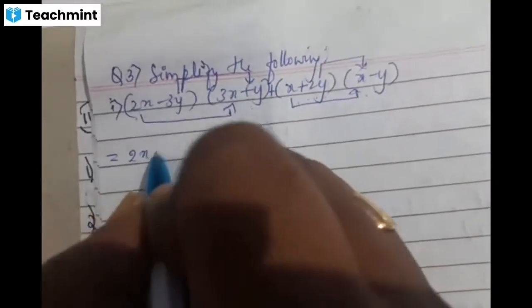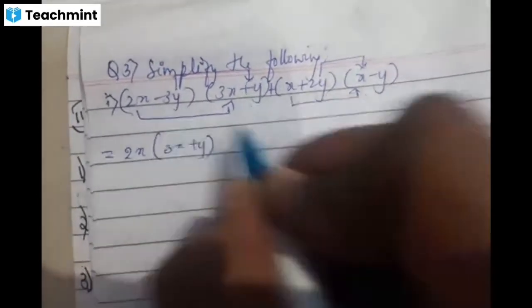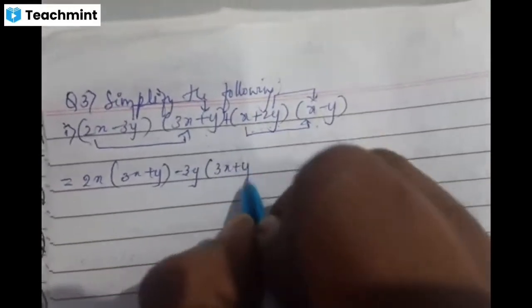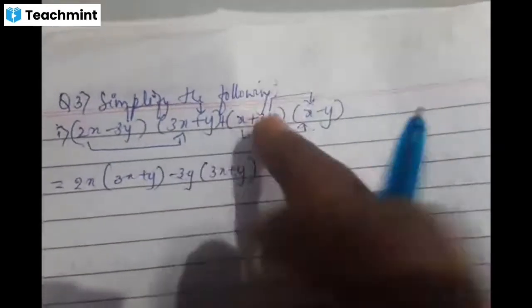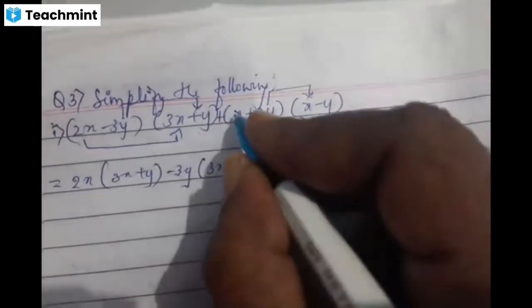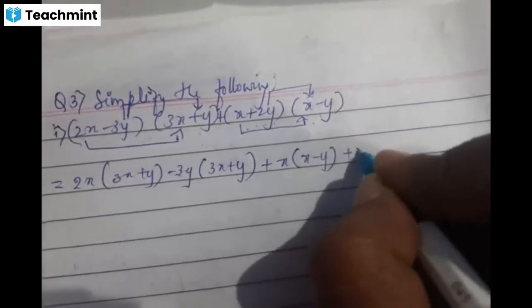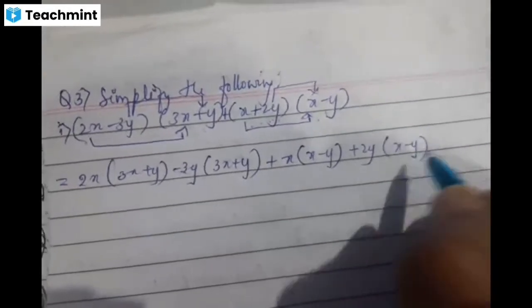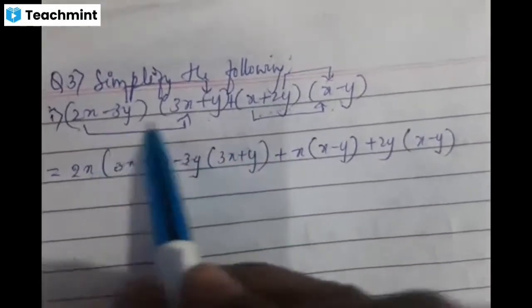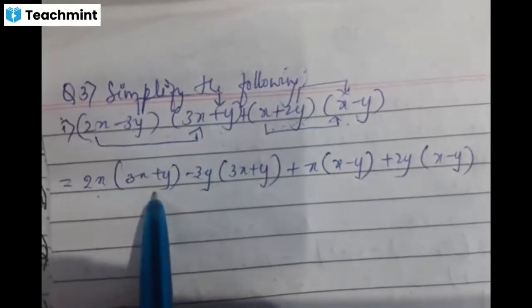So write 2x into the second bracket (3x plus y) minus 3y into (3x plus y). This is only about this binomial, children. Next we have one more pair here. First term, that is x into (x minus y) plus 2y, the second term, into (x minus y). This way we have converted the given pair of binomials into a monomial and a binomial.